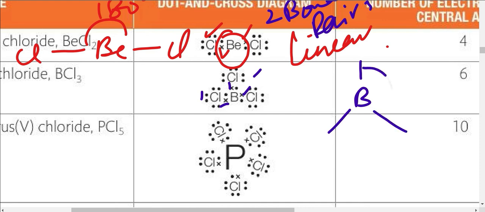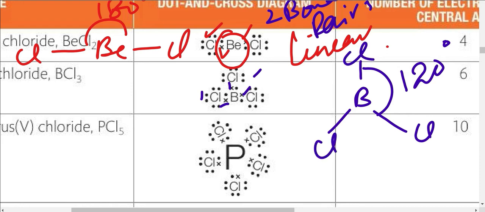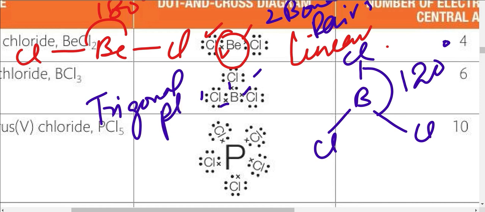The bond angle will be 120 degrees. Cl, Cl, and Cl. This structure is called trigonal planar. I call it TP. Okay.